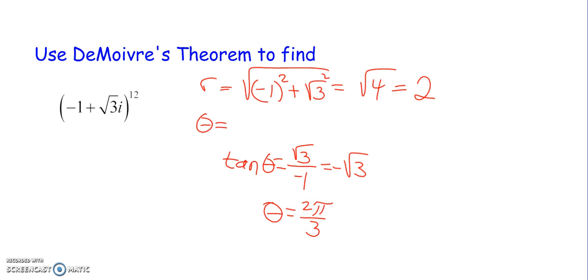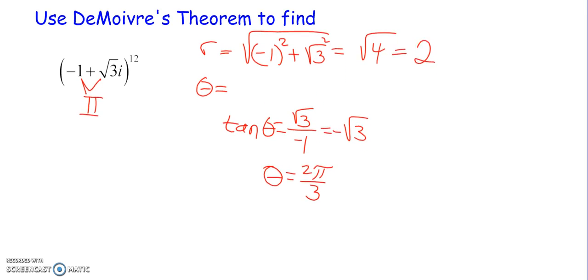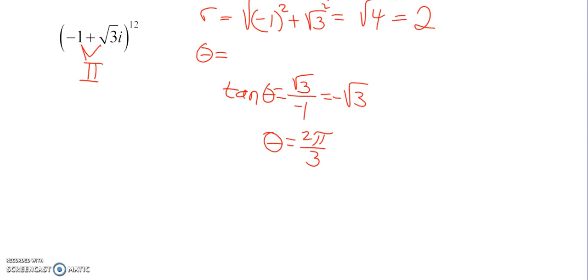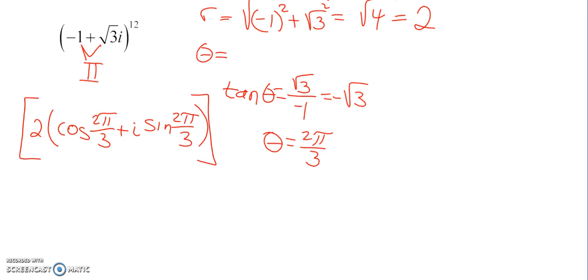This is in quadrant 2, and 2 pi over 3 is also in quadrant 2, so great. We can write this in its trig form: 2 cosine of 2 pi over 3 plus i sine of 2 pi over 3.